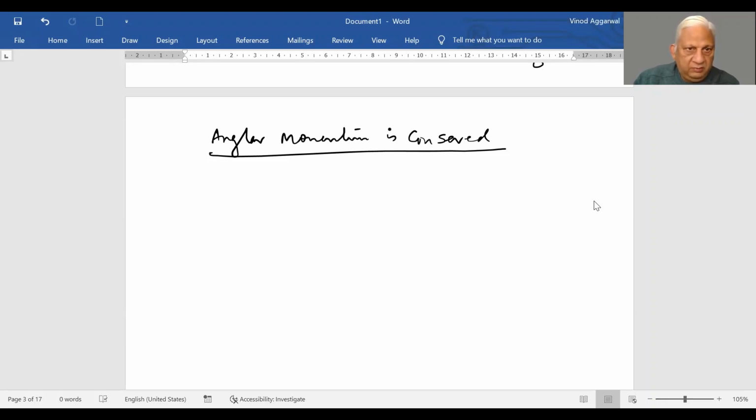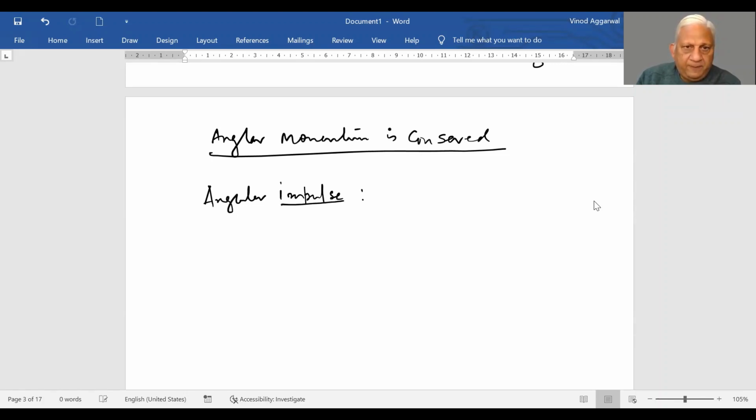We define another term called angular impulse. Like in linear mechanics, what was impulse? When we strike somebody with a very quick force for a very short while, an impulse is generated.